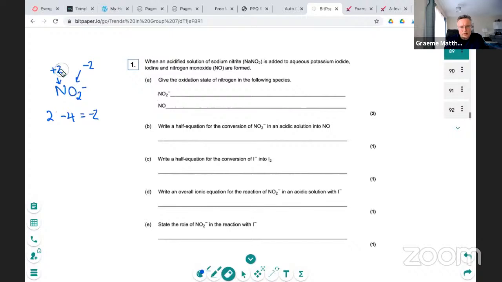Maybe I need some more tea. All right, try it again. I was looking at this -2 up there. I do them live, chemists. It's supposed to be -1. It's nitrite, NO2 -1. So 3 minus 4 would be -1. Therefore, this would be +3.